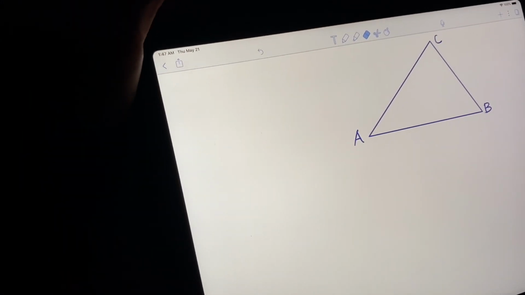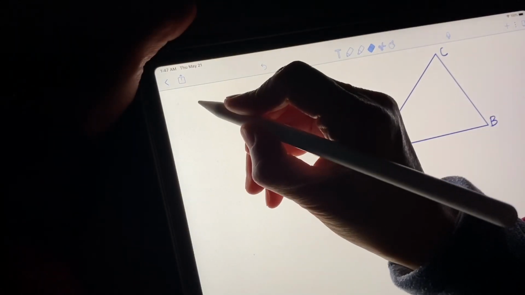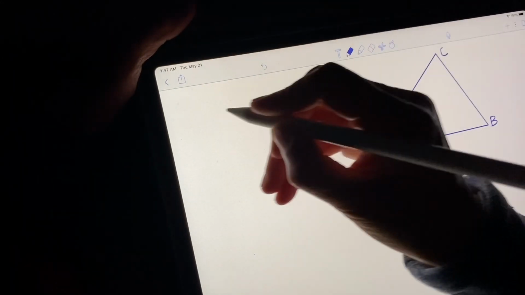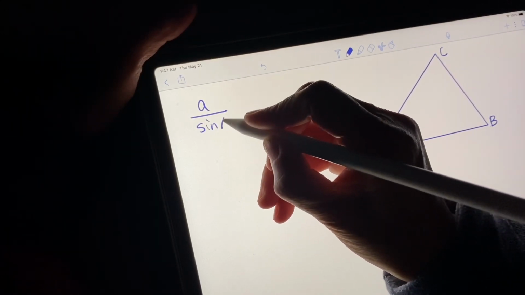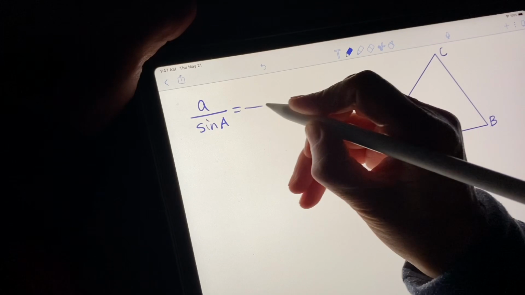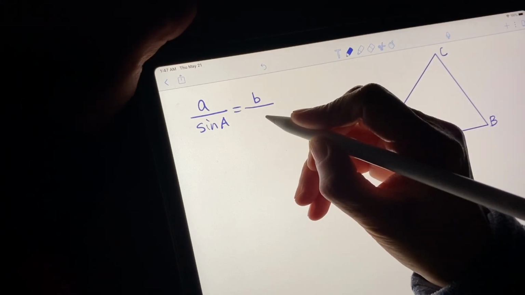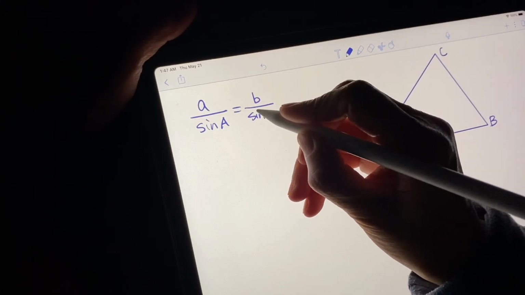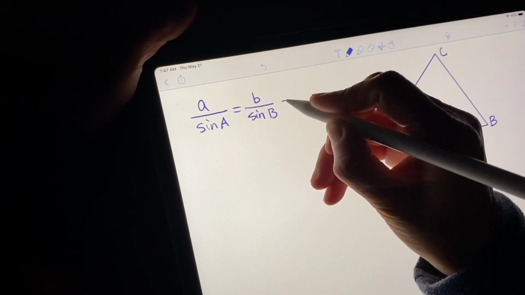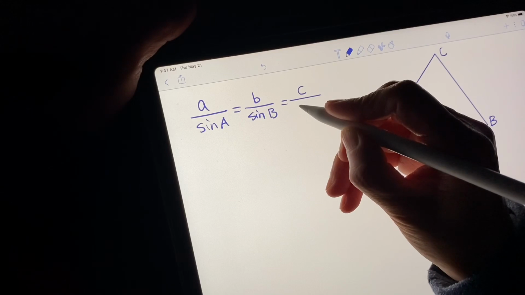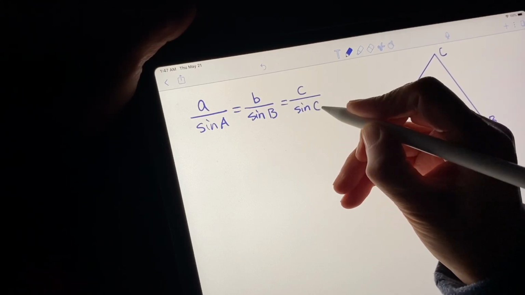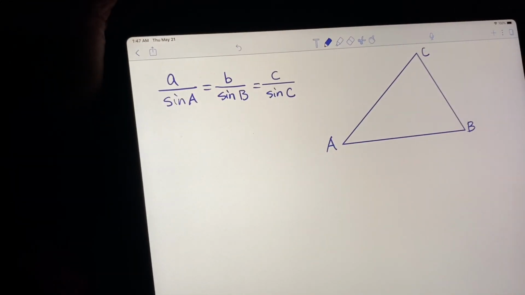The law of sine is a over sine A equal b over sine B equal c over sine C. So we want to prove it.